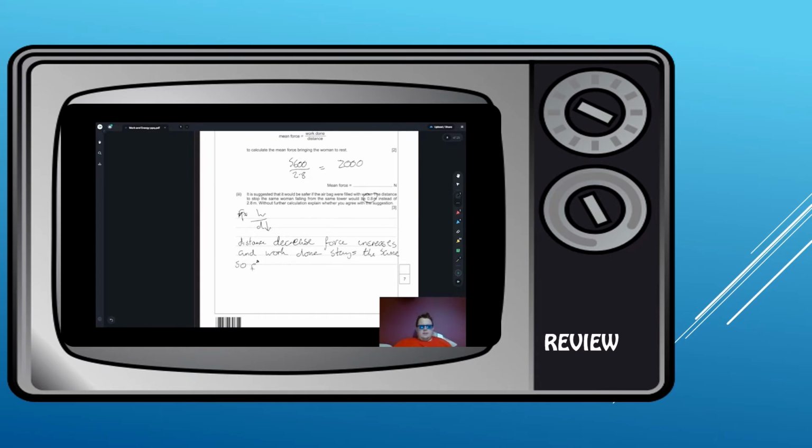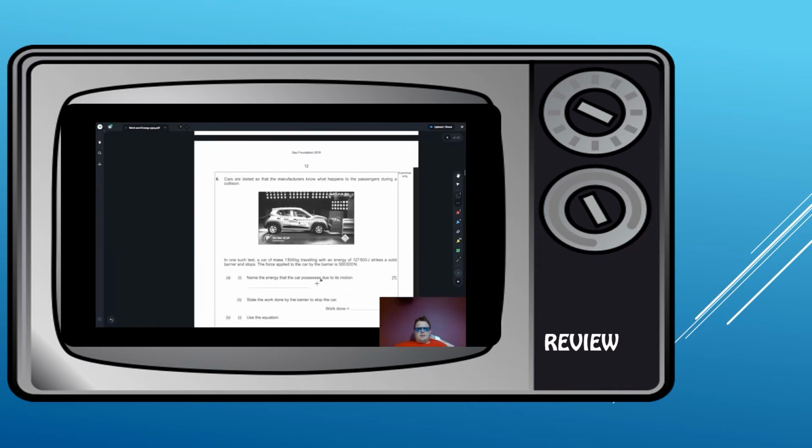So disagree. And the 3 marks here are basically 1 for saying the work done stays the same, 1 for saying distance decreases, 1 saying force increases, and disagree needs to be there to get all 3 marks.